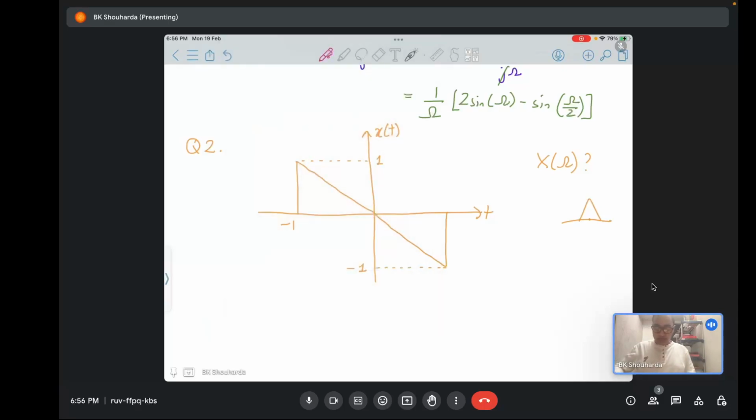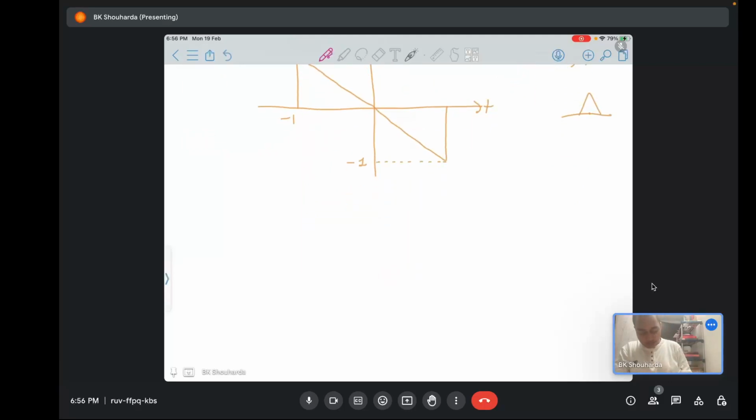In order to understand this approach, let me talk about a method of signal representation. The basic signals that we have learned till now were the unit impulse function, the Dirac delta function, and the unit step function u of t. One is a single line, one goes up and stays constant.